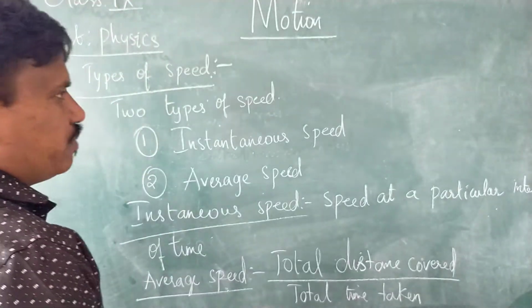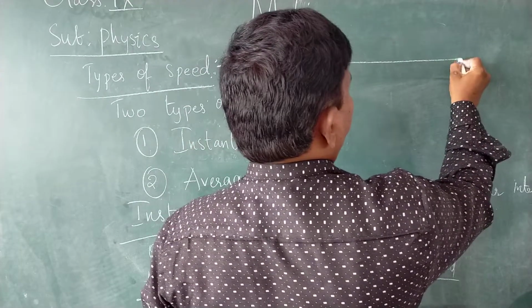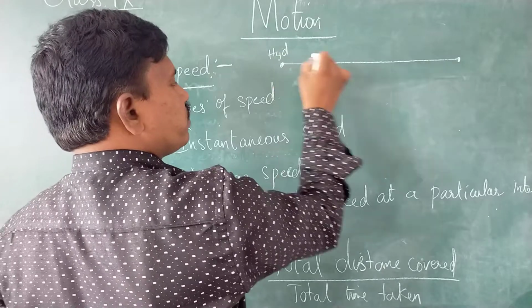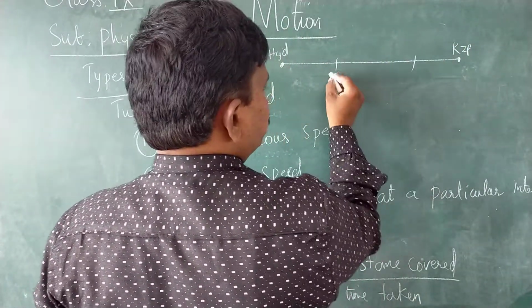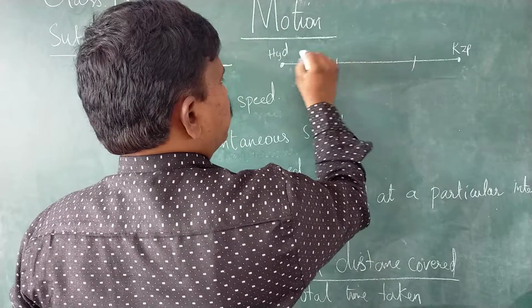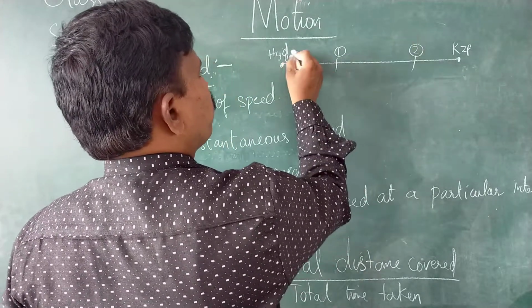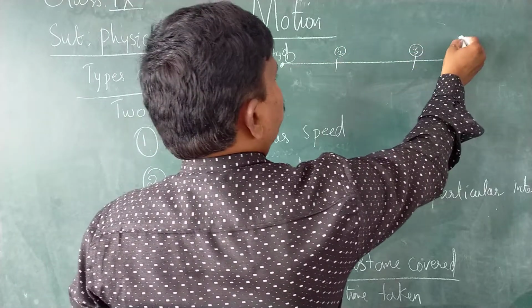Normally, average speed means if a person is coming from Hyderabad to Kashmir, he is stopping at different stations. Say points 1, 2, 3, 4.